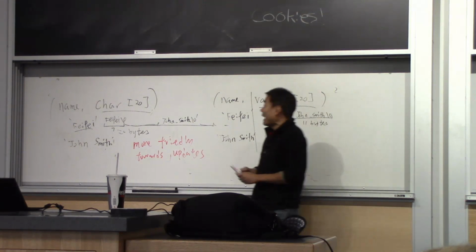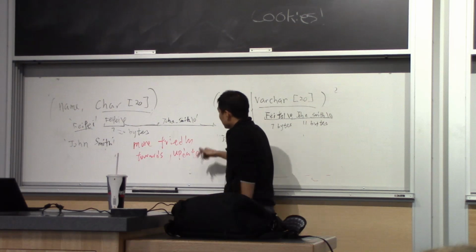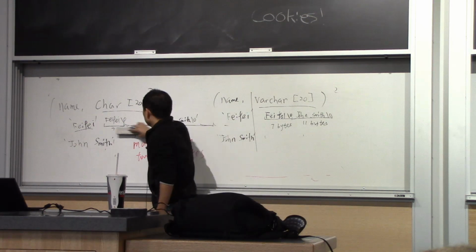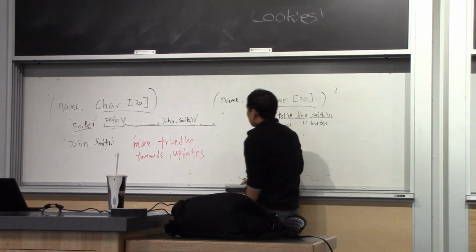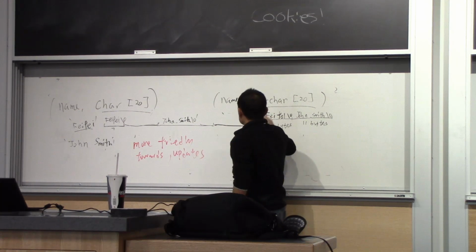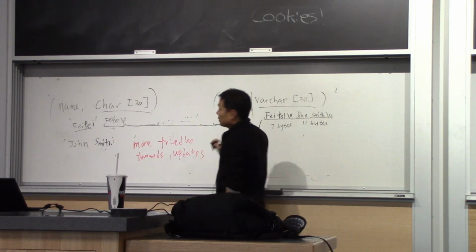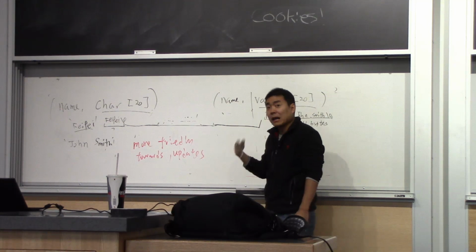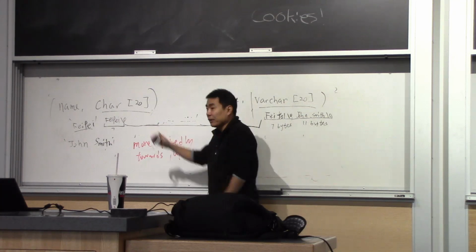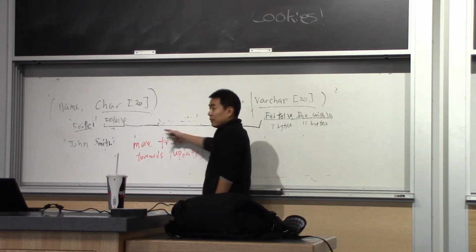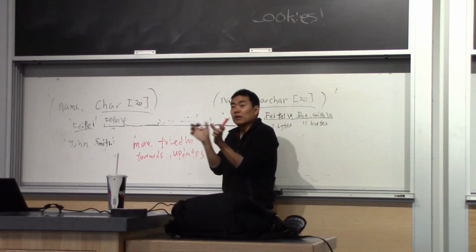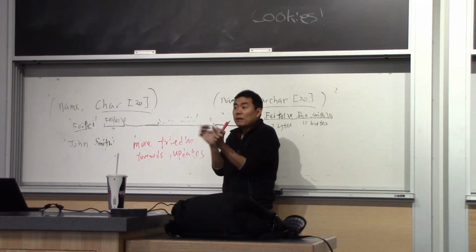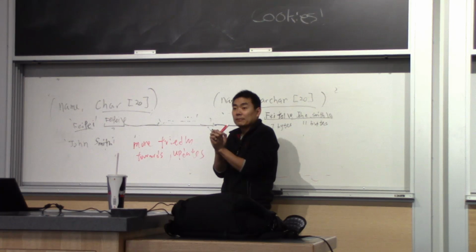If I delete a value, in this case, if I delete John Smith, and later I insert another value into the name field, I can recycle this 20 bytes without making any adjustment to my database.